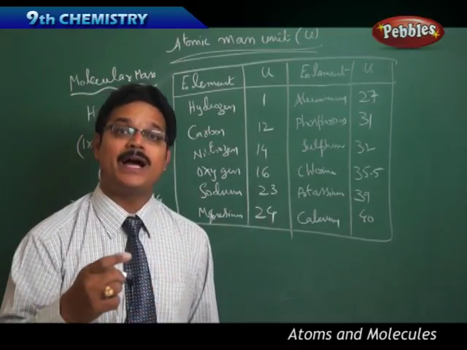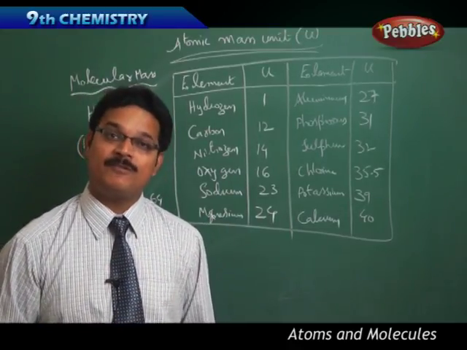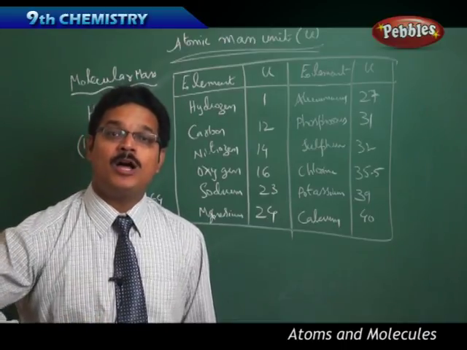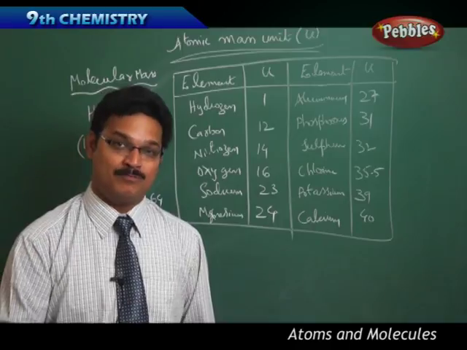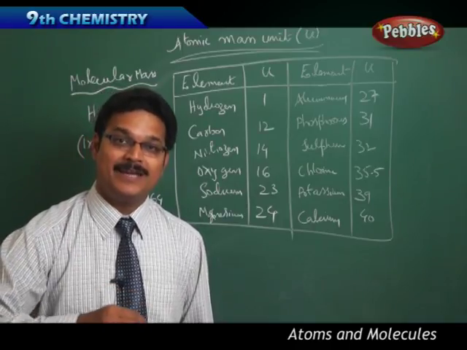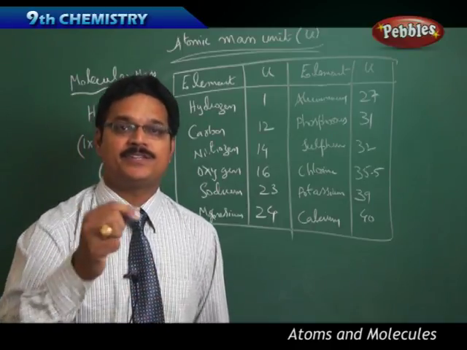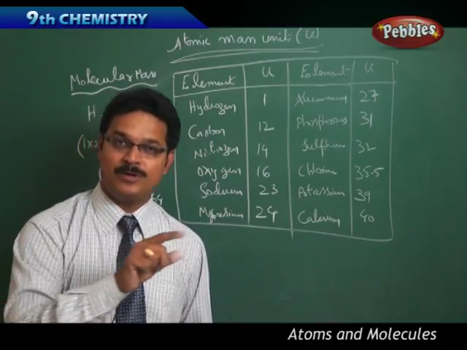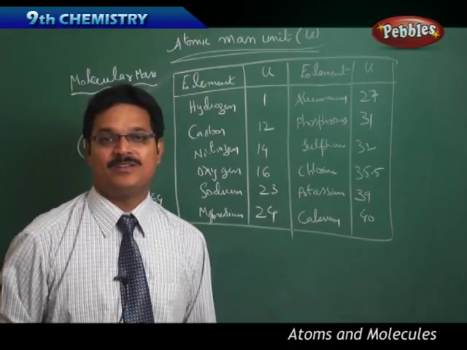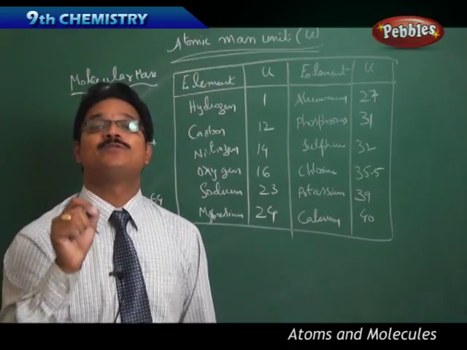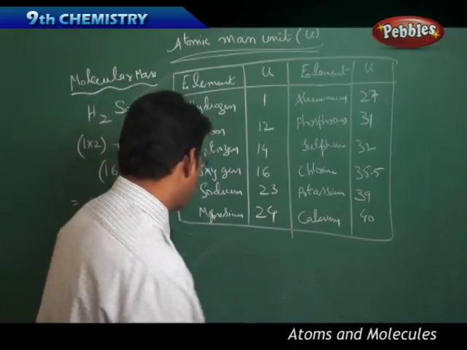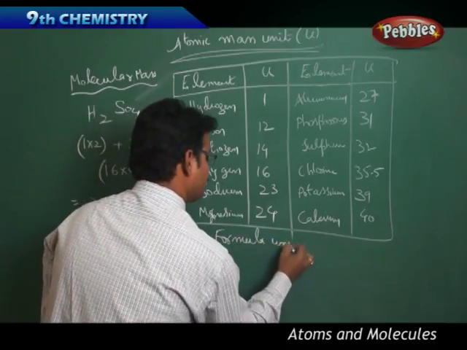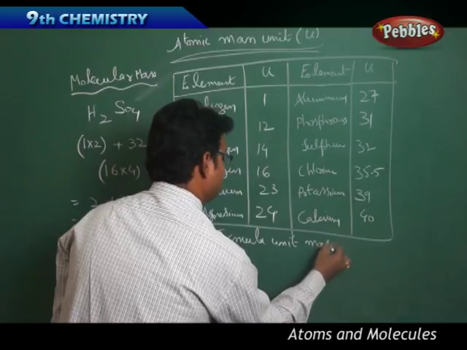Now coming to the ions. Ions also have mass, and you should know the formula unit mass for a compound which is created by ionic reaction, like sodium chloride. It is created because of the combination of sodium plus and chlorine minus. Now how do you find the mass of sodium chloride? That is called formula unit mass.